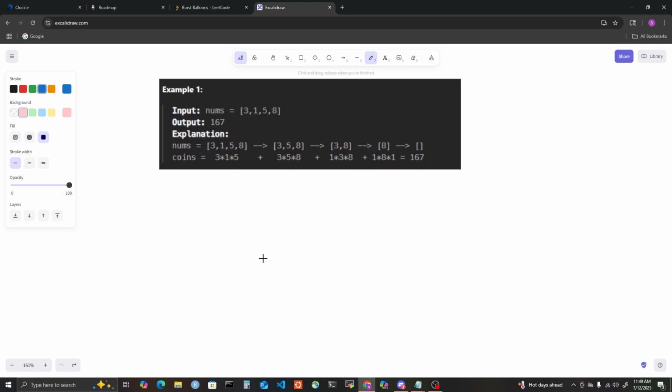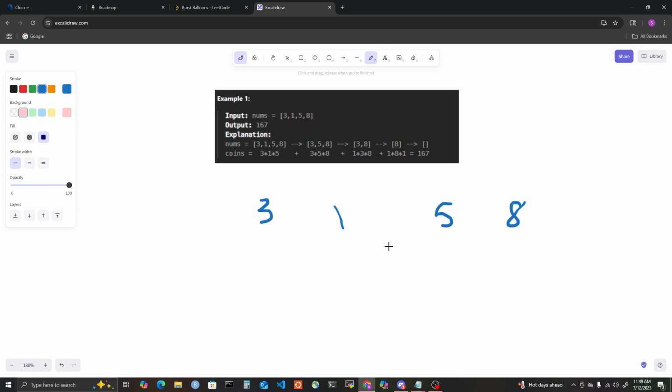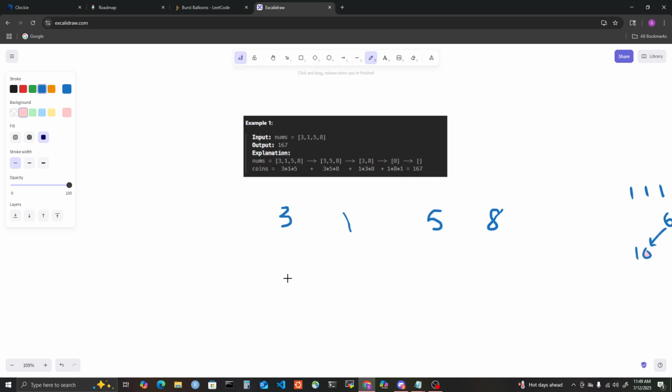So you have n choices here, so you can go like 3, 1, 5, 8, right? So this will give you some sort of amount, and then it'll push you down to 1, 5, 8, and then your amount. And then you can choose here.